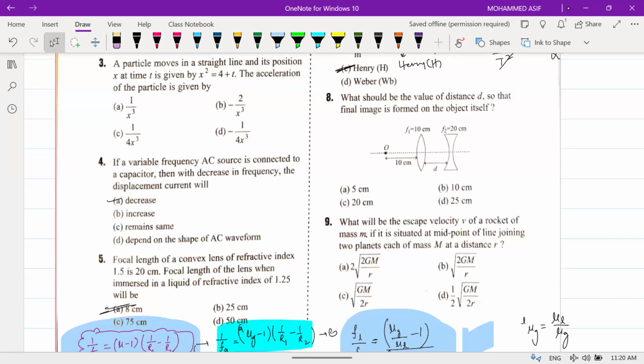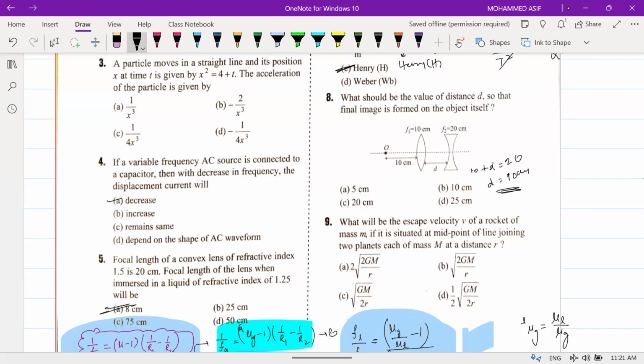That means the total distance will be how much? The object distance is already 10, plus d, and the image will be formed at the center of curvature when it is coinciding. That means it should be equal to 20. So d will be equal to 10 centimeters.